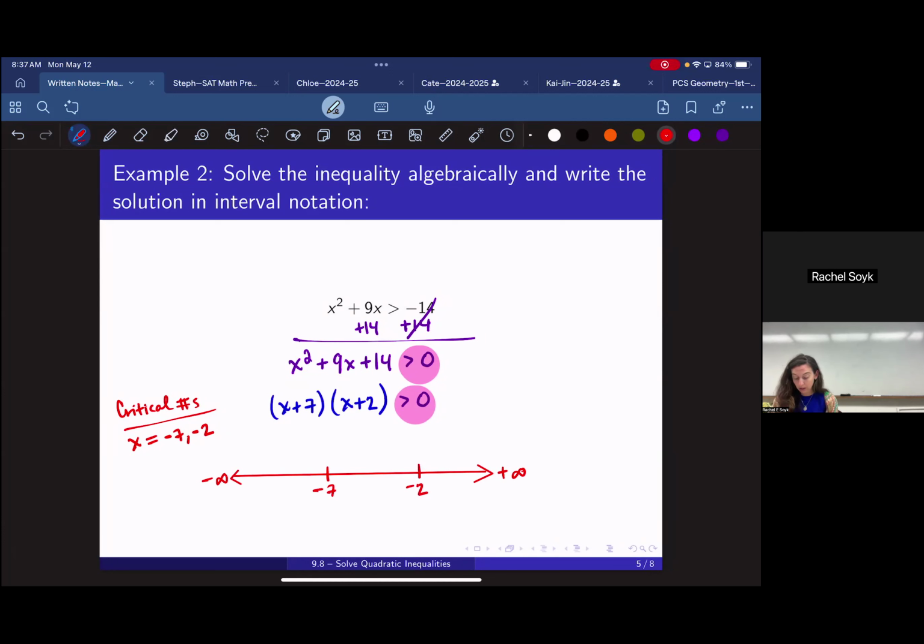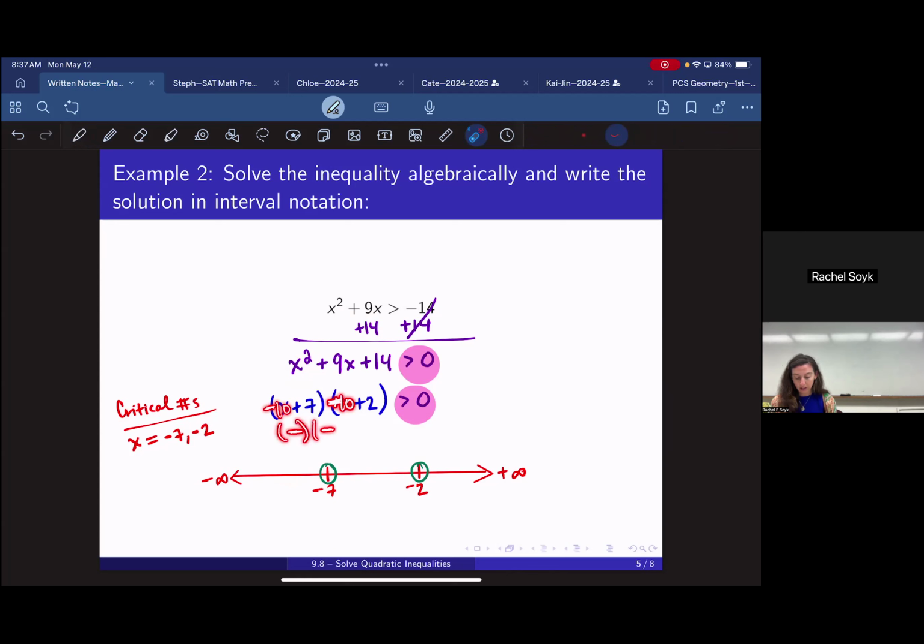Because it's greater than 0, not greater than or equal to, we're going to have open circles at those critical numbers. And now let's choose a number between -infinity and -7, -10. Plug in -10 here, we get a negative value. Plug in -10 here, we also get a negative value.